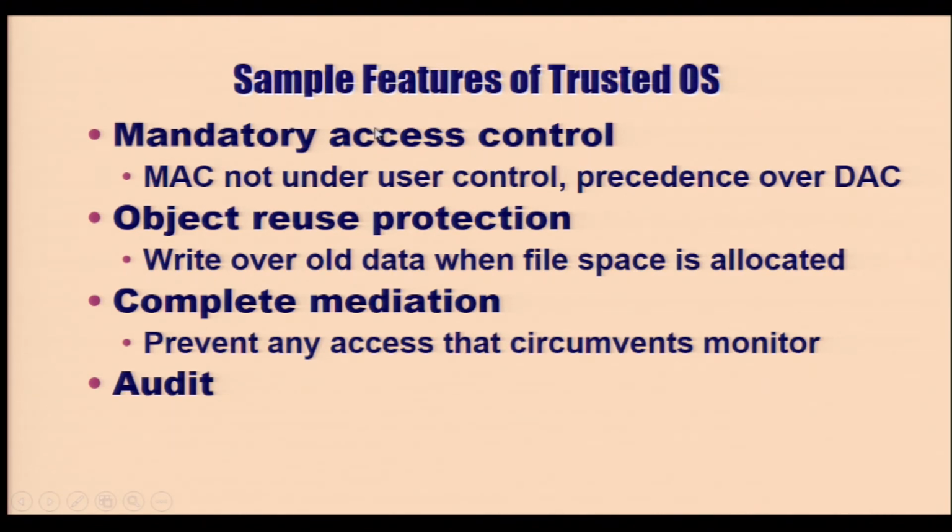Mandatory access control is something which is very essential for us. DAC is discretionary access control, where the systems administrator will normally, we do not allow people to do this, but you have a justification, therefore we give you this access control, and we think that it does not violate the mandatory access control.